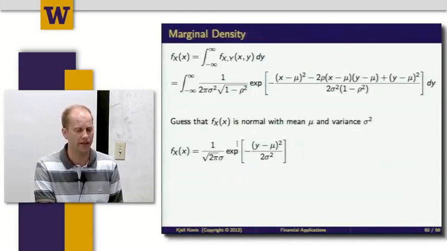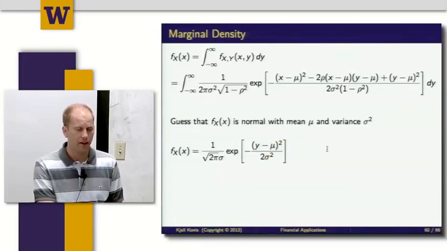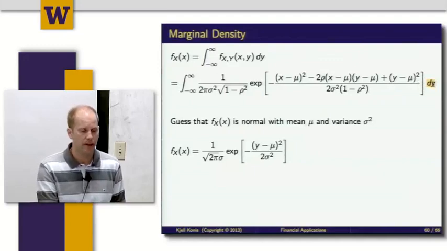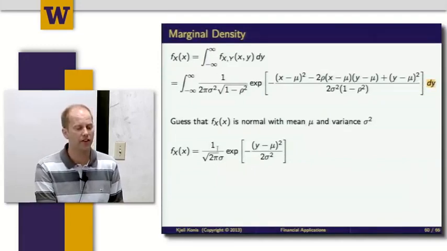So this is the same phi function. It's just been scaled by a factor sigma and shifted by a factor mu. But this is a normal probability density function. And so here, since I'm integrating with respect to y, everything in this marginal density with respect to x is going to be constant with respect to this integration.